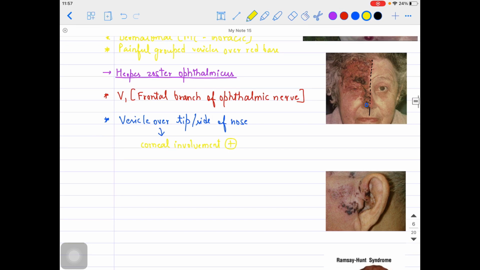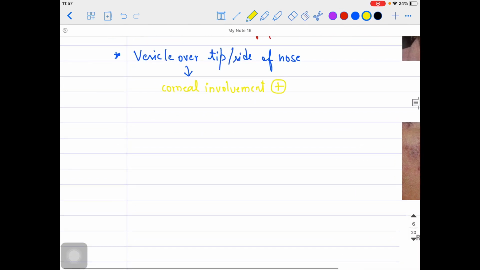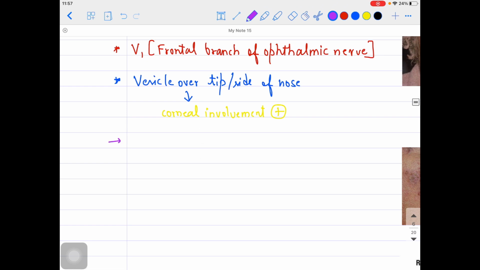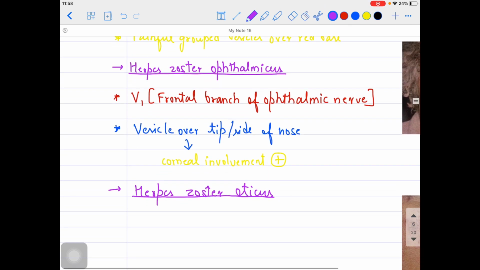Now if herpes zoster is affecting the ears, then what might have happened? If it was affecting the eye, it was herpes zoster ophthalmicus. Now if it is affecting the ears, then we write it as herpes zoster oticus, whatever you want to call it. So this was herpes zoster ophthalmicus, this is herpes zoster oticus.